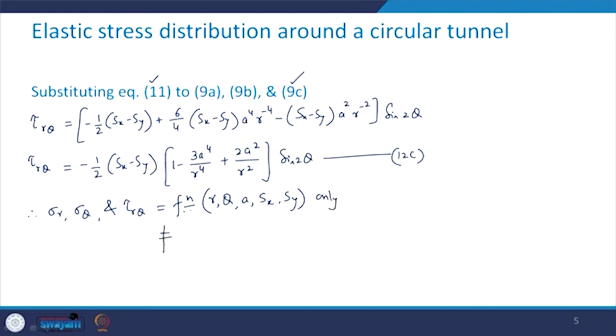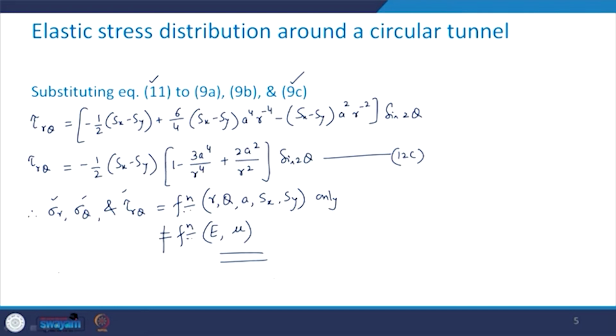These are not functions of the elastic properties of the rock. So, what does that mean? That the elastic properties of the rock are not going to influence these stresses? Physically, this statement does not make any sense.